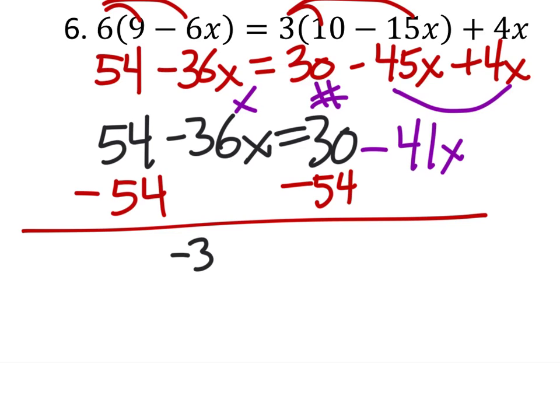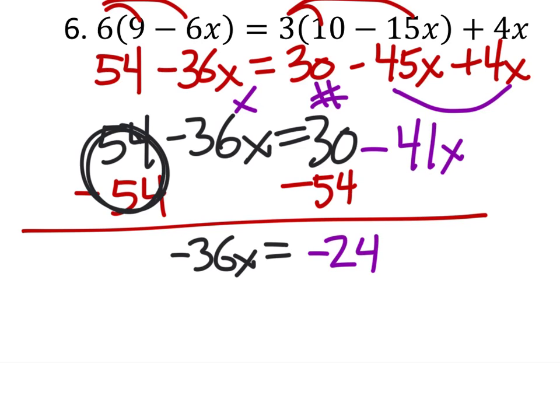And I've got the negative 36x. That's a 0 now. And this is equal to 30 minus 54, which is a negative 24, and that's minus 41x. Next thing we can see that minus 41x is on the wrong side, so I'll add 41x to both sides.